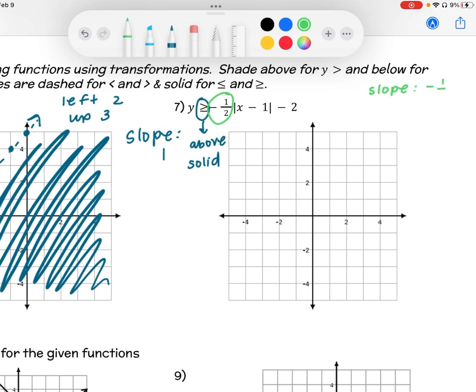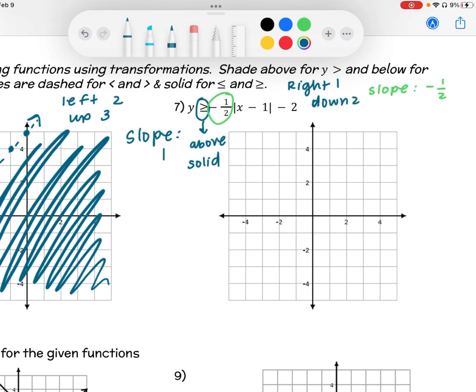So negative 1/2 tells us that we have a vertical shrink of 2 and a reflection over the x-axis. But for the sake of absolute value graphs, it's kind of easier to think in terms of slope. So we also have this -1, which moves it right 1, and the -2, which moves it down 1, or sorry, down 2.